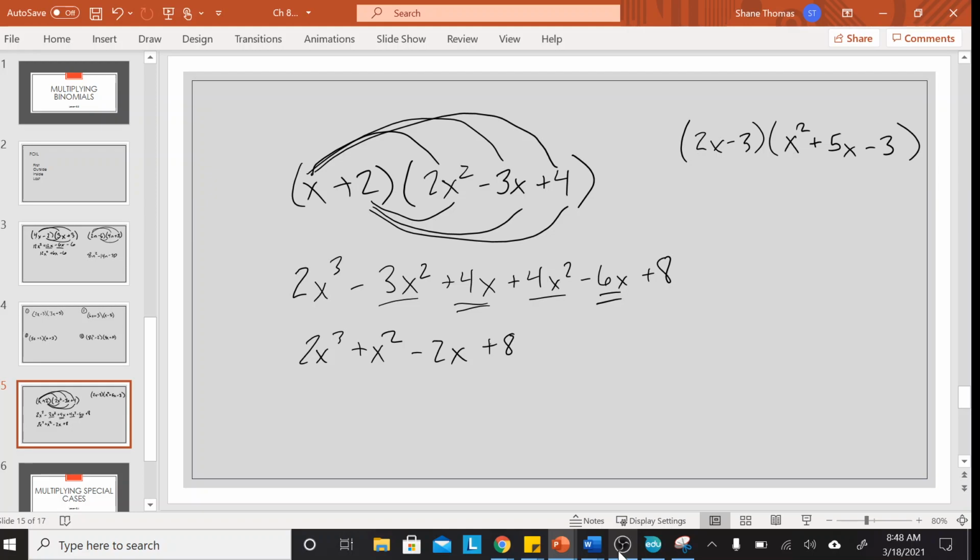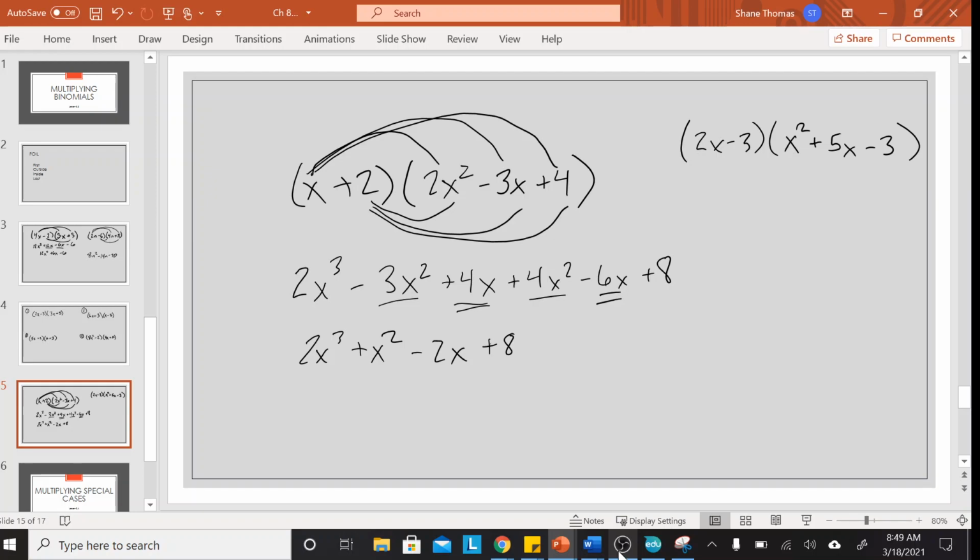Good. And then we can combine like terms. We only have 1 cubed. Squares, we're going to have 10x squared, negative 3x squared. So this should be plus 7x squared. A little out of order here too.